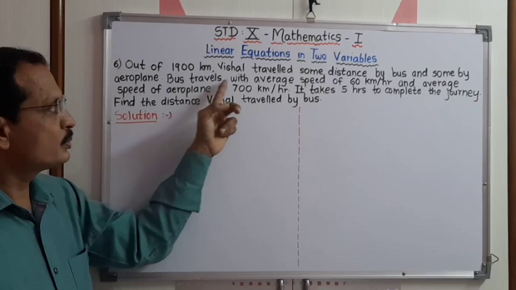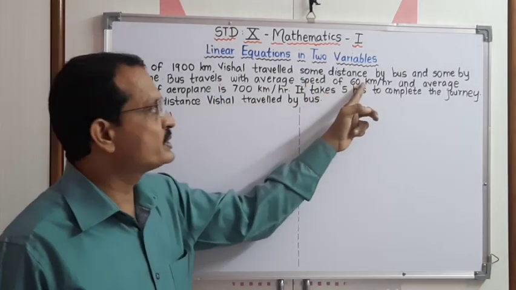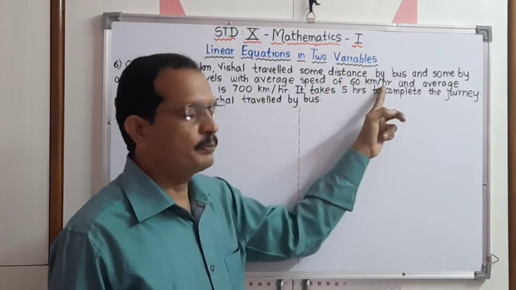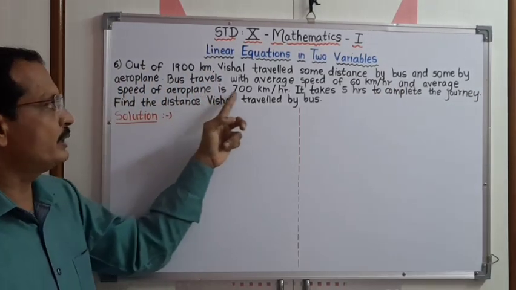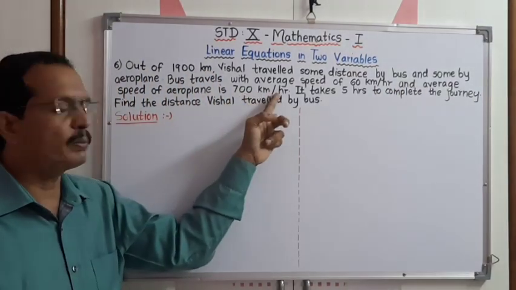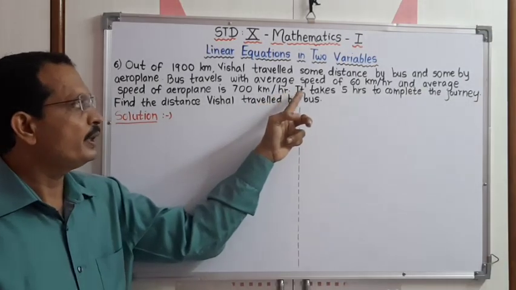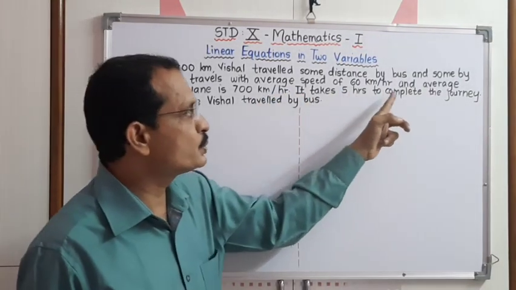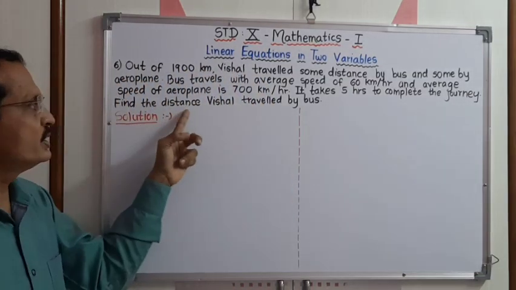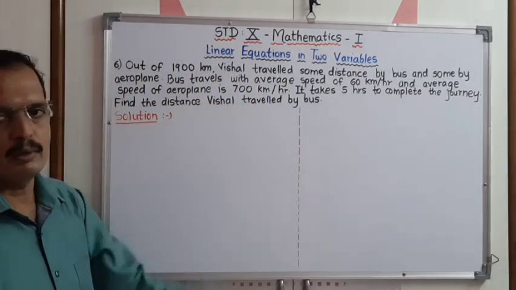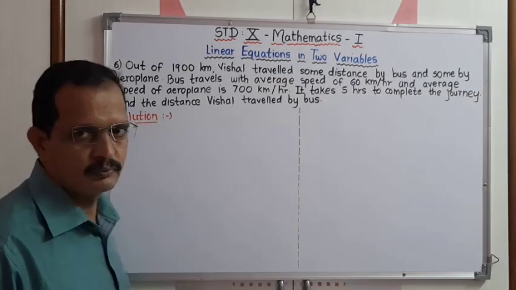The bus travels with an average speed of 60 km per hour and the average speed of the aeroplane is 700 km per hour. It takes 5 hours to complete the journey. Find the distance we shall travel by bus.